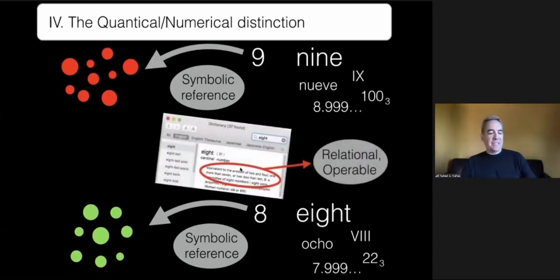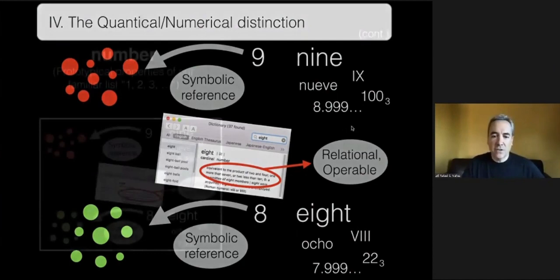But one important property is that these are relational and operable numbers. Even if you look at my laptop's definition here, it says that 8 is equivalent to the product of 2 and 4, and so on. So it is defined in terms of relations with other numbers. Number concepts are much more complicated because they are relational and operable.